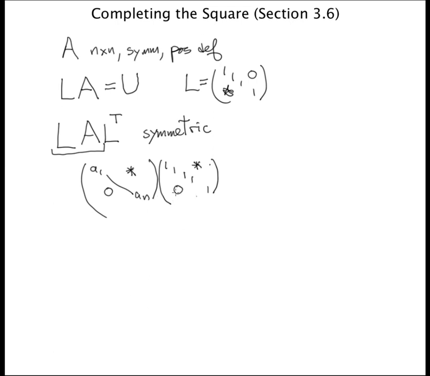And this is the product of two upper triangular matrices. So this is upper triangular. This is of the form, I'll call it B1 down to some Bn, 0, star.